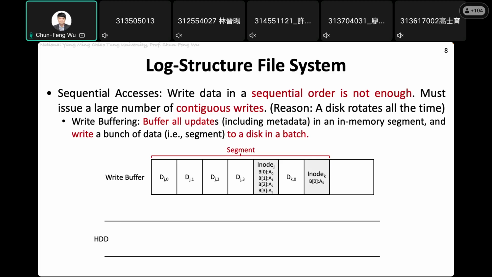So without this kind of write buffer design, even if you send the data in sequential order, because of interrupts, other things happening, or multiple processes, your data will not really be stored on the hard disk drive in a contiguous manner, because the disk rotates all the time.